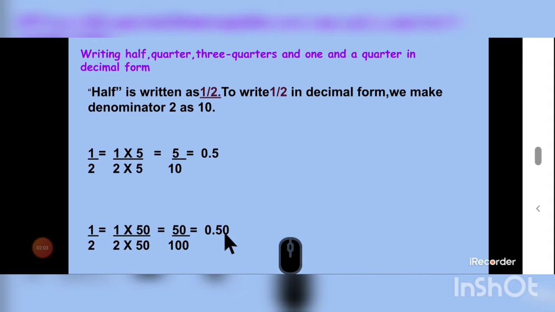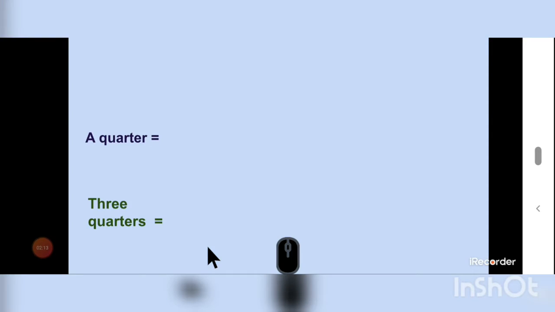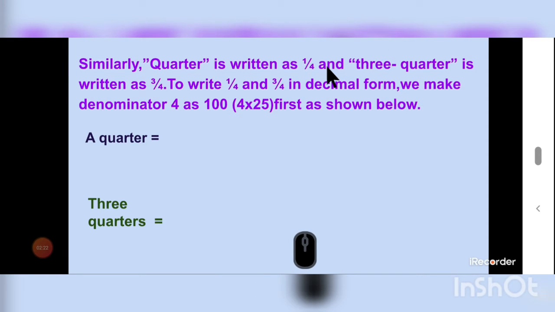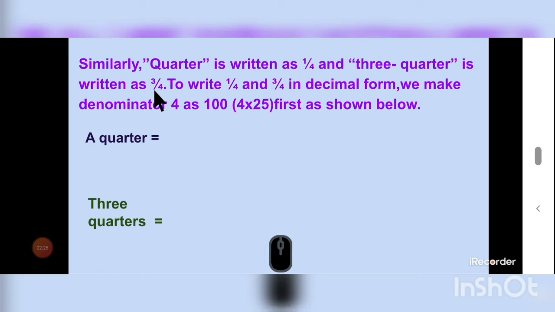So half is written as 0.5 or 0.50. Both are the same. Similarly, a quarter is written as 1 over 4 and 3 quarters is written as 3 over 4.